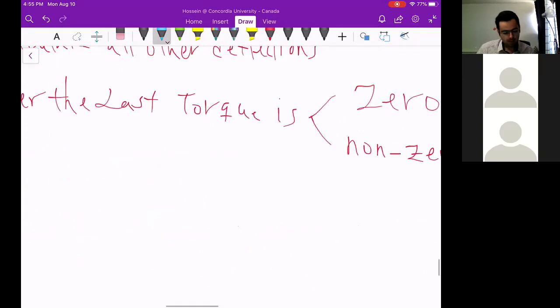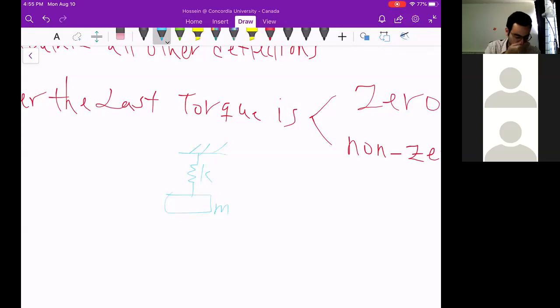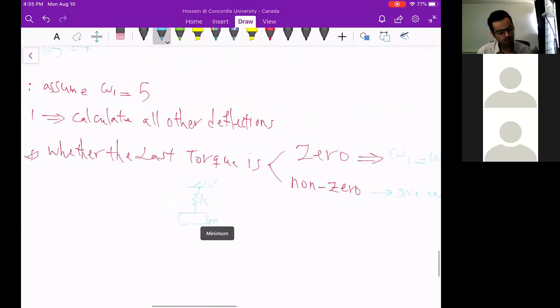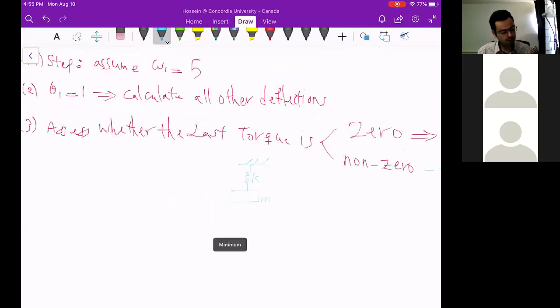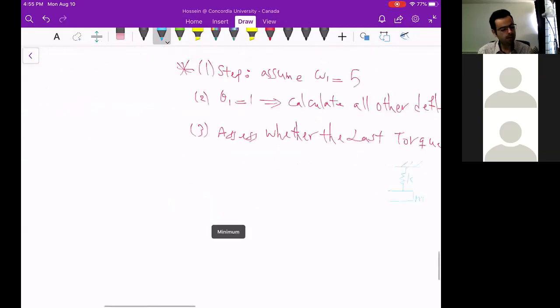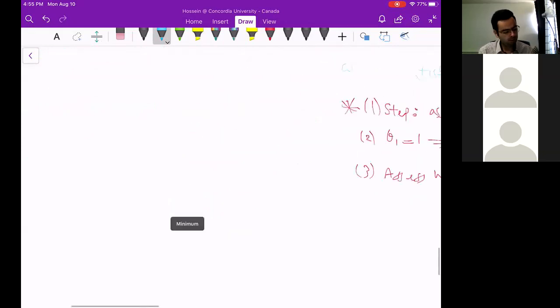Because as I said, when there is a system like this without any excitation, without any external torque or external force, only the natural frequency will satisfy this equation, and as soon as you apply any initial displacement, the system will vibrate at its own natural frequency.